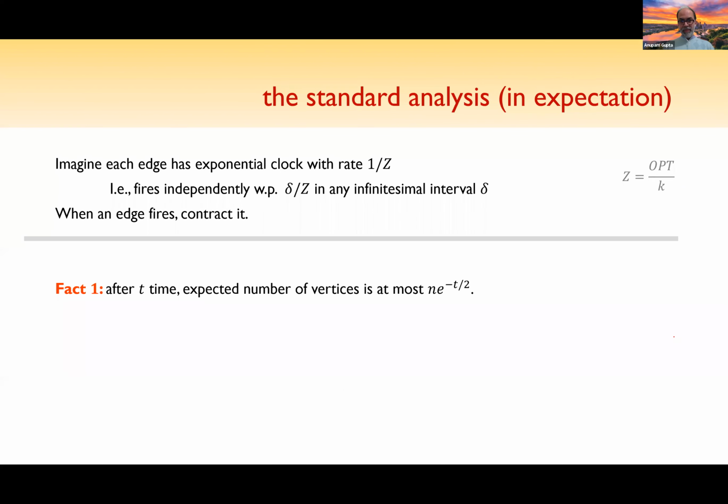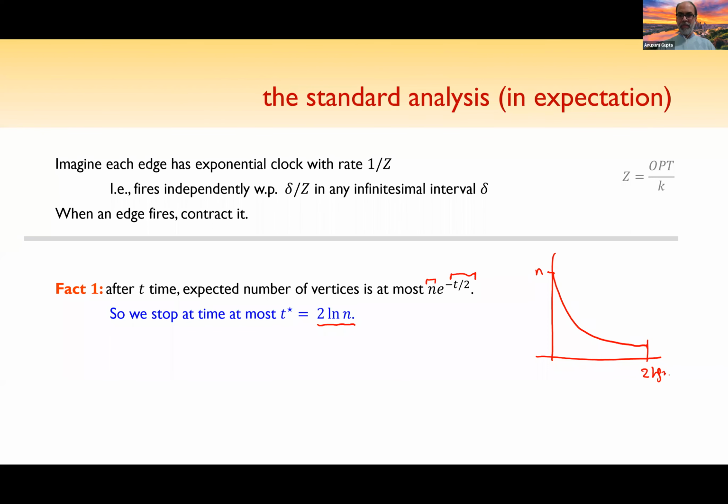When will we end? We end when there are only 2 vertices or k vertices, right? More or less we end when this exponent kills this part, so at time about 2 log n. I started off at n, and I'm down to k or 1 vertex at time 2 log n.